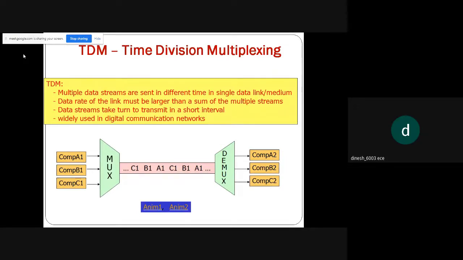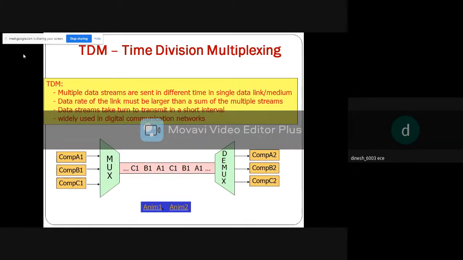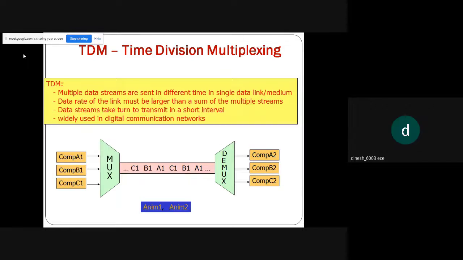Next is time division multiplexing. Multiple data streams are sent at different times in a single data link or medium, and the data rate of the link is much larger than the sum of the multiple streams. The data streams take turns to transmit in short intervals, widely used in digital communication networks.